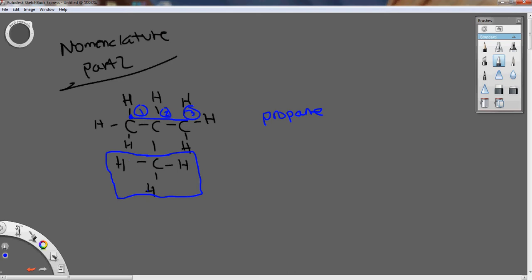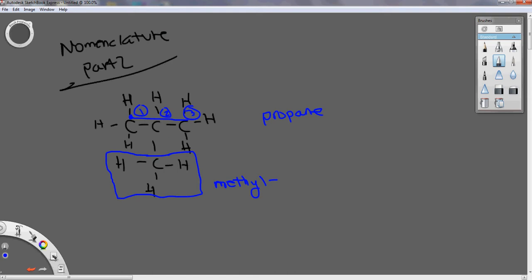So you're gonna have to memorize some more stuff now. What this branch is called is methyl. It's a methyl group. And in order to properly name this, you assign the group to which carbon it branches off of.